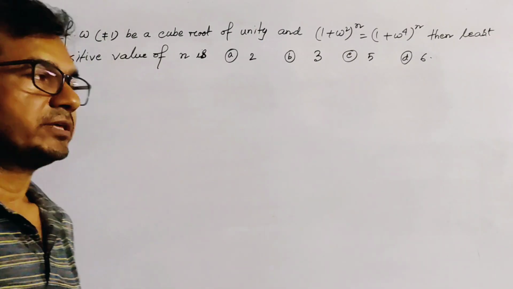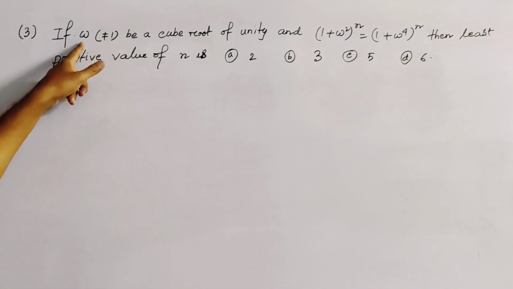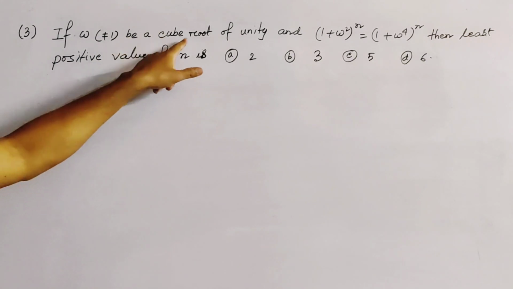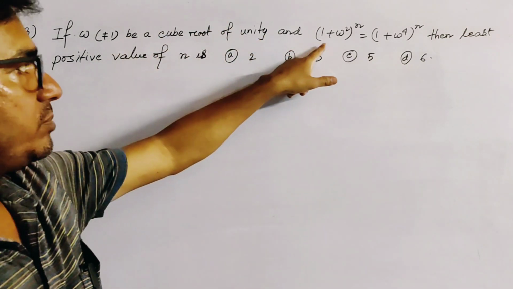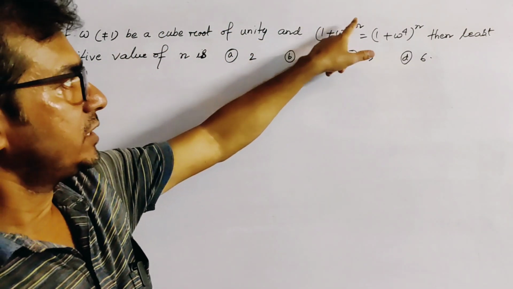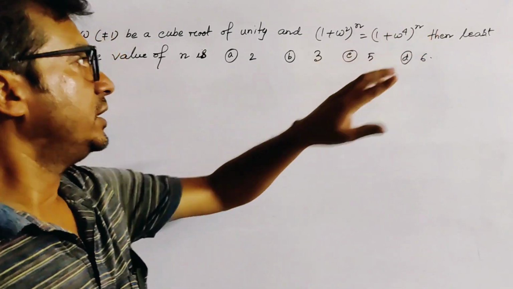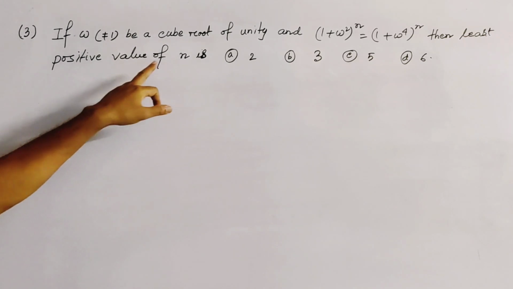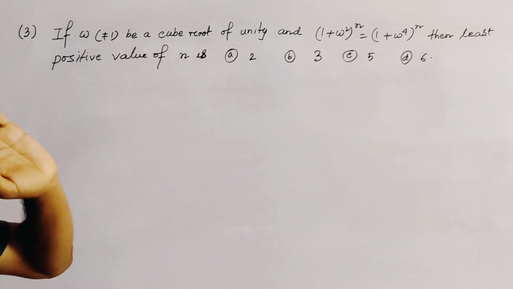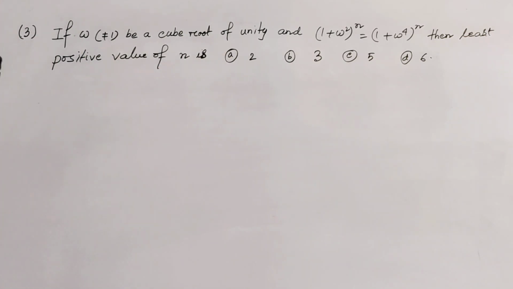And the last one is, if omega not equal to 1 is a cube root of unity, and (1 plus omega square) whole to the power n equals (1 plus omega to the power 4) whole to the power n, then the least positive value of n is. Four options are given. This is a very easy problem.